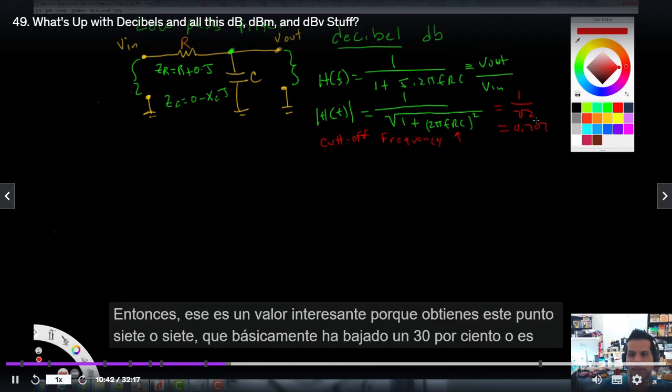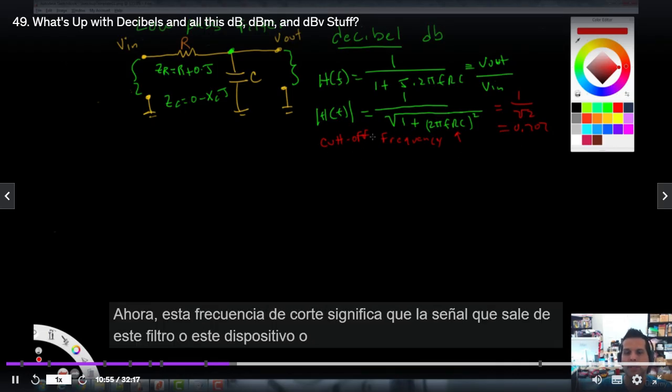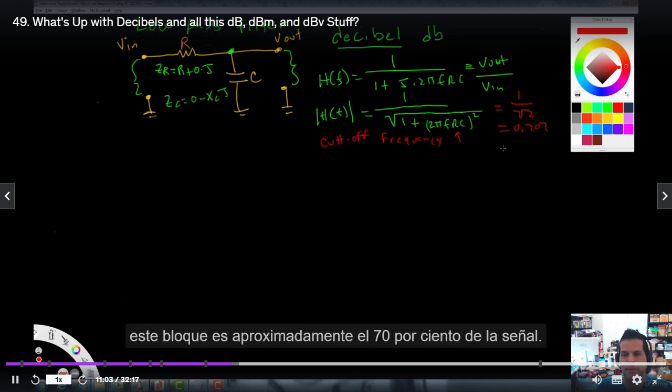That is an interesting value because 0.707 is basically down 30%, or at 70%, whichever way you want to look at it. That's called the cutoff frequency. It means the signal coming out of this filter or block is roughly 70% of the signal in.